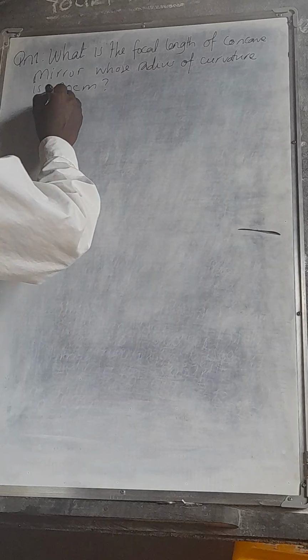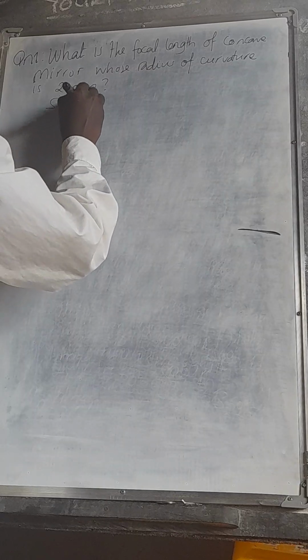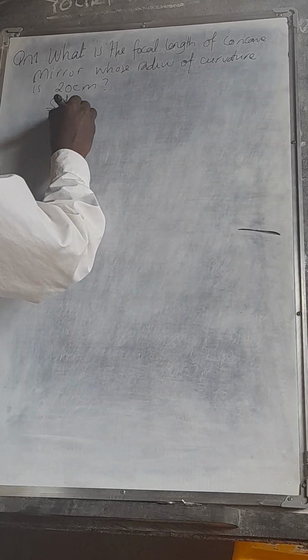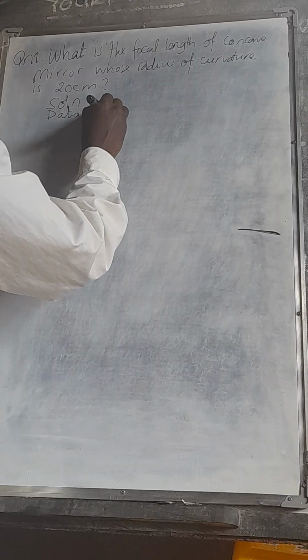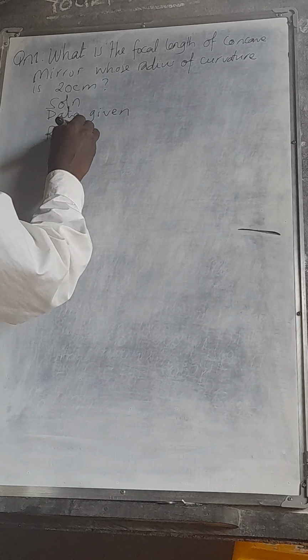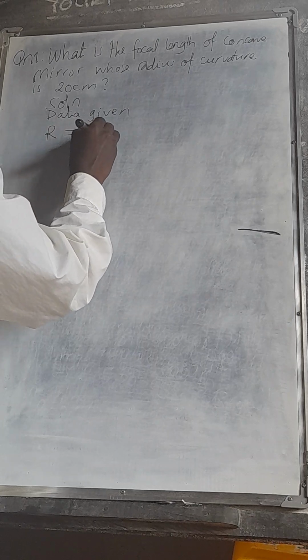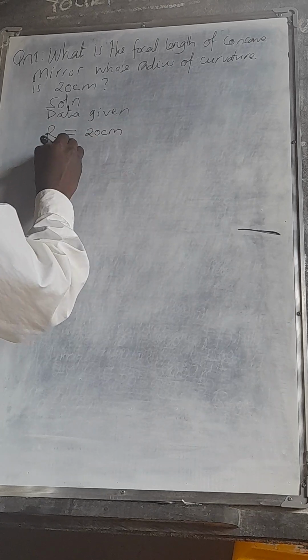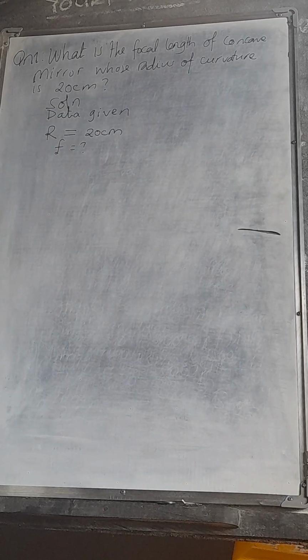Now let's solve it together to confirm your answer. Solution, data given: the radius of curvature, represented by capital R, is 20 centimeter. What will be the focal length? That is a very important concept today.